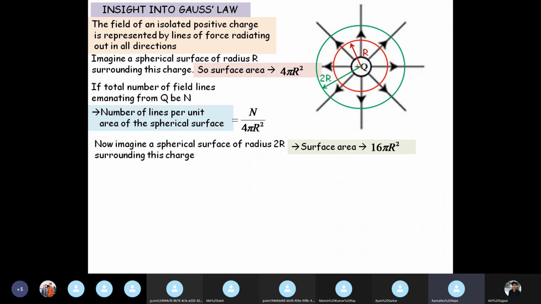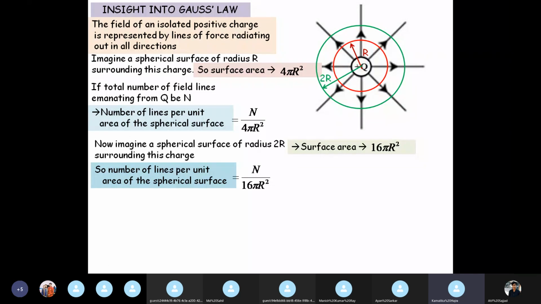So now the number of lines of force that pass through the outer sphere, that is the green sphere, for that the number of lines per unit area of the green sphere is N by 16 pi r square. Okay. So earlier it was N by 4 pi r square for the red sphere, and for the larger sphere, the green sphere, it is N by 16 pi r square.